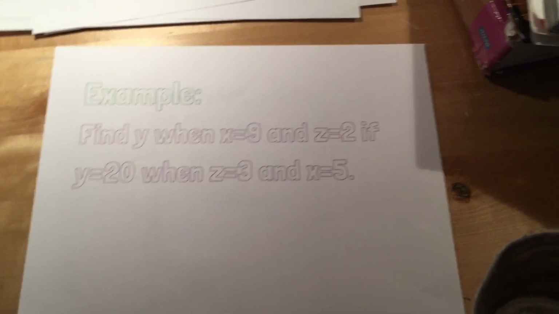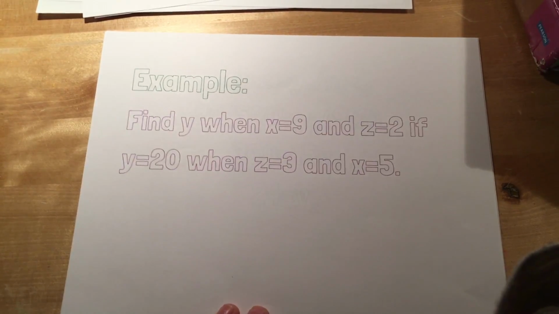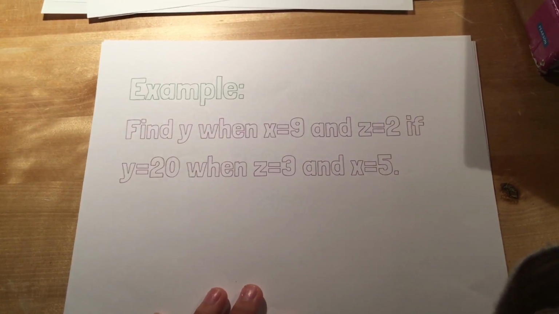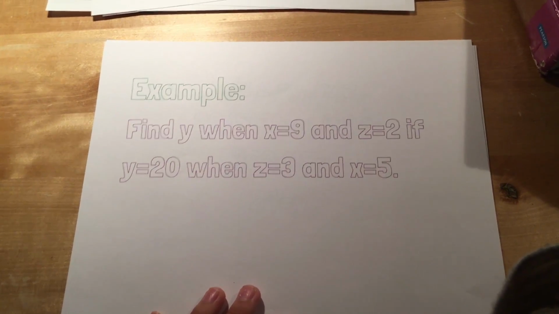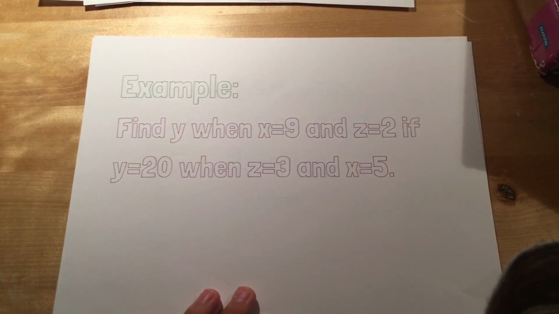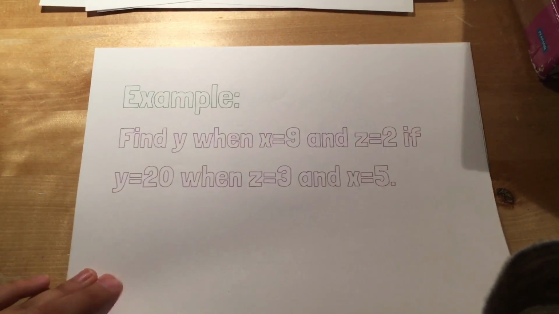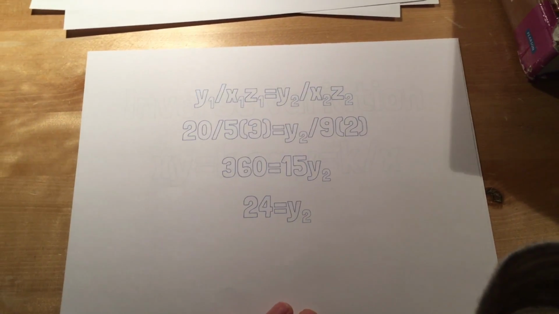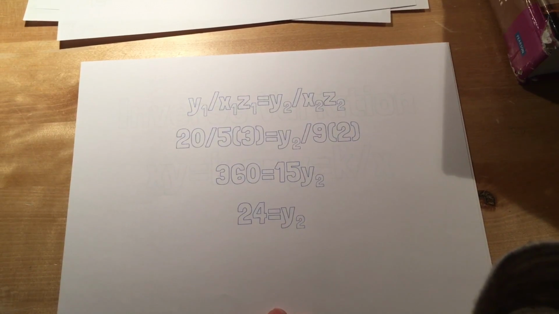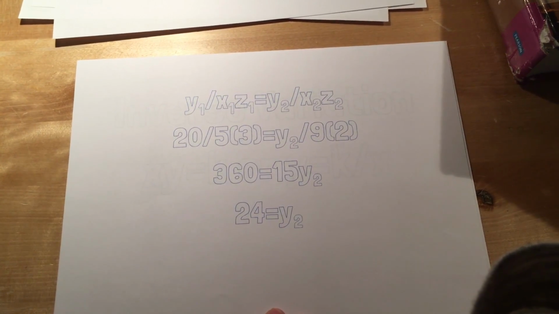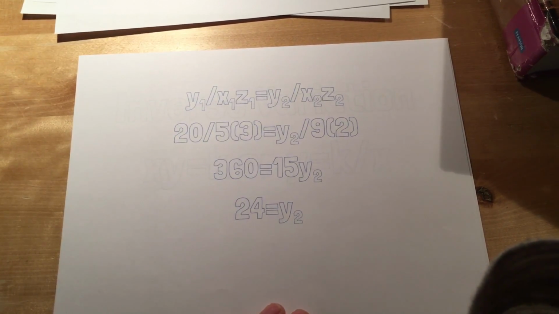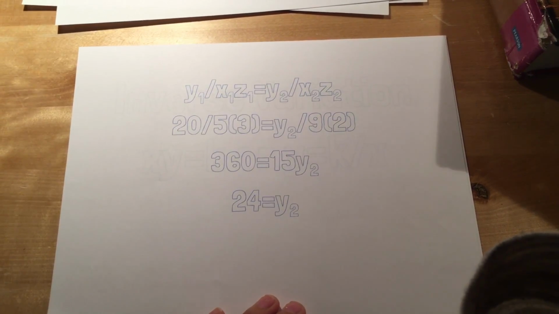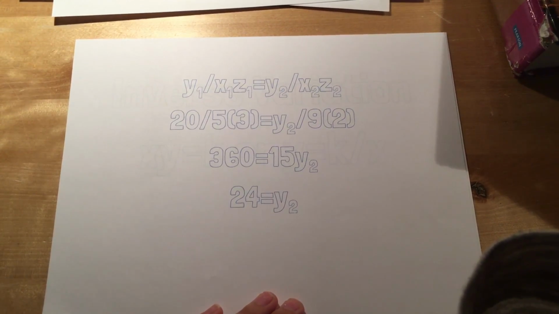Example. Find y when x equals 9 and z equals 2, if y equals 20 when z equals 3 and x equals 5. We'll start with our equation: y1 over x1z1 equals y2 over x2z2. For y1, we'll put 20 in.